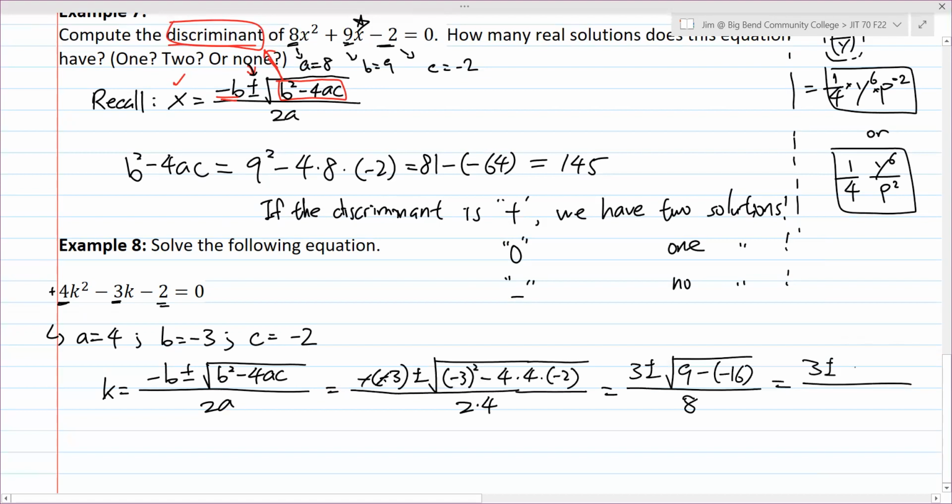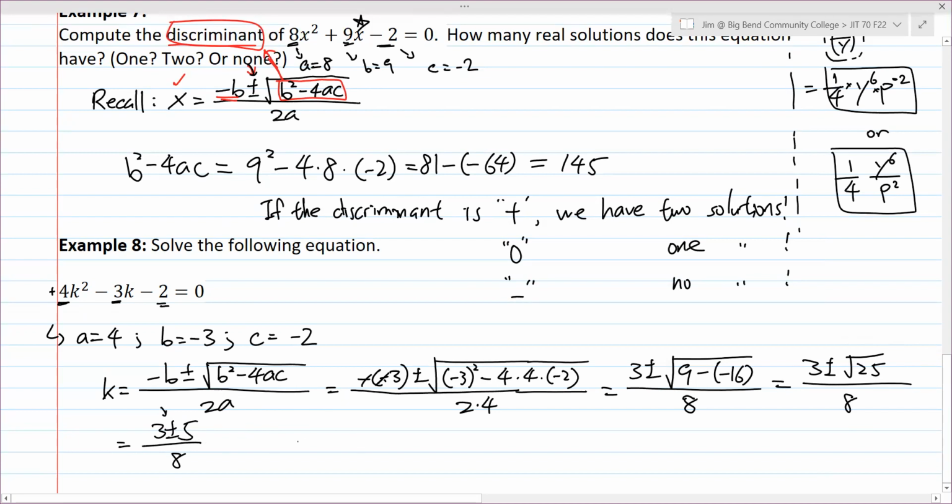All right, so looks like the discriminant is positive 25. And then square root of 25 equals what? That would be 5, right? So we end up having 3 plus minus 5 over 8. Okay, so this is the part for us to think about the meaning of the plus minus signs.